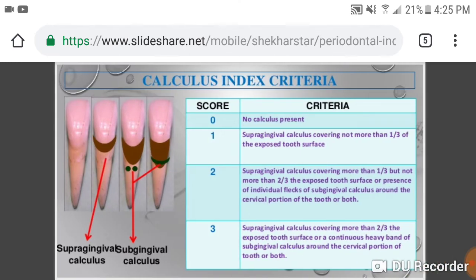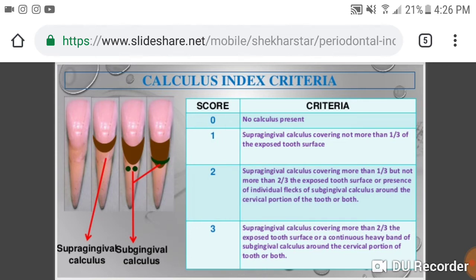Calculus index criteria. Criteria 0, no calculus present. Score 1, supragingival calculus covering not more than 1/3 of the exposed tooth surface. For 2, supragingival calculus covering more than 1/3 but not more than 2/3 of the exposed tooth surface, or presence of individual flecks of subgingival calculus around the cervical portion of the tooth, or both.